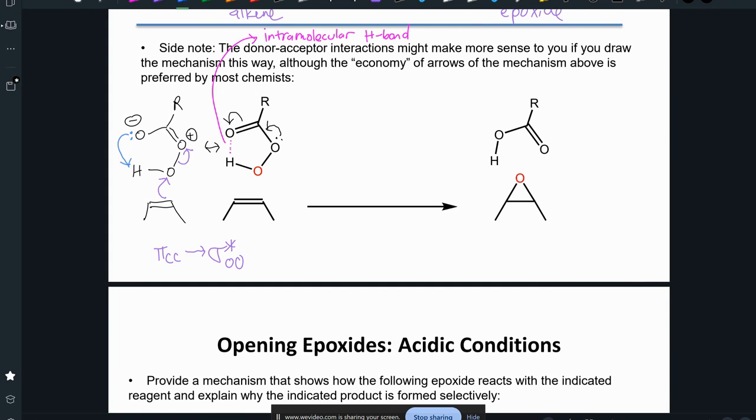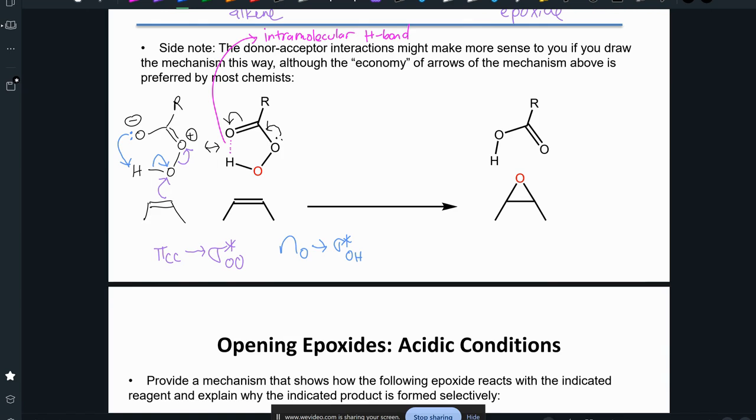It is going to have oxygen lone pair donating to sigma star OH. All right. That makes sense. We've seen that happen a million times before, where an oxygen lone pair grabs an acidic hydrogen.